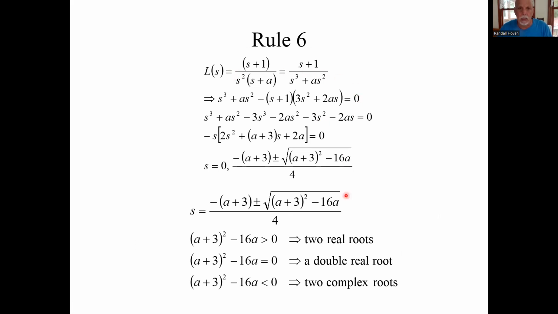I'm not going to go through the calculations, but you finally get to, here's where the roots of it are. And remember, where there's roots, there might be break-in or breakout points. But if there's no root there, there's no break-in or breakout point. We get 3 possibilities, depending on what A is.